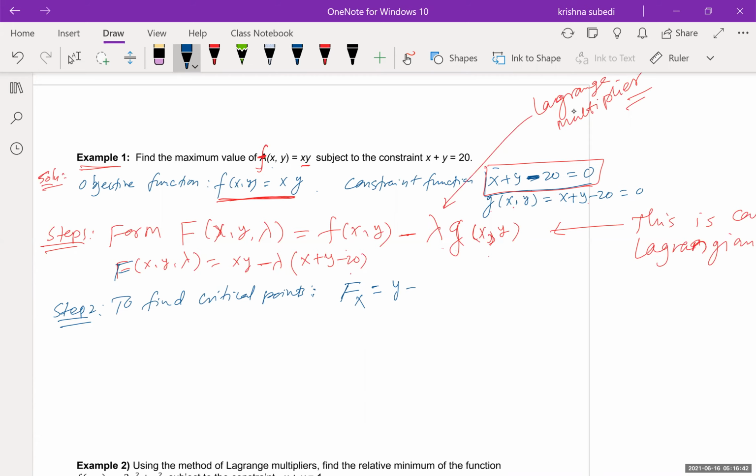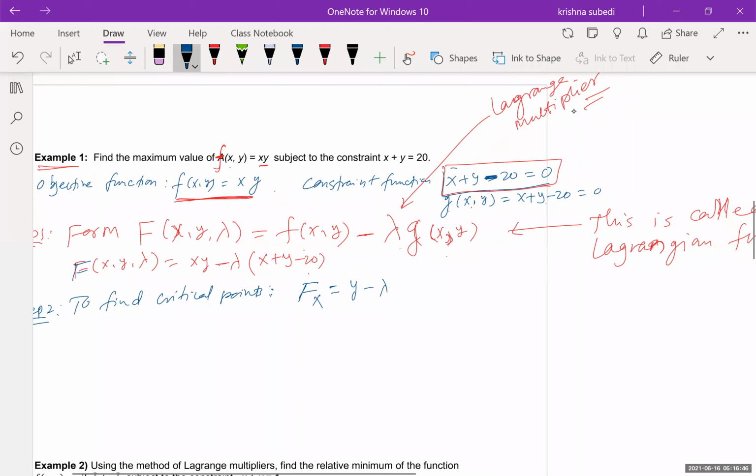which is y minus lambda. Does that make sense? Because if you simplify, you're going to get xy minus lambda x minus lambda y plus 20 lambda. The derivative of this function with respect to x will be y minus lambda.